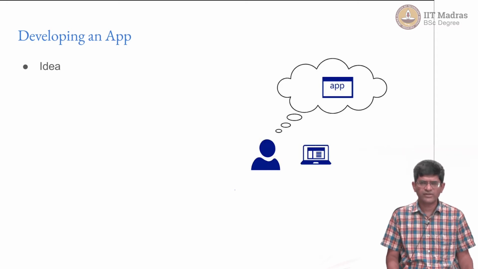Whichever way, you think that there is some need for it, people want to interact with something over the web, and that you can provide a solution, ideally using the technologies of the web. That is to say, it is based on a front end which is accessed through a browser. It essentially uses HTML, CSS, JavaScript and so on. It has some database connectivity, a few other things of that sort. So you have an idea to start with.